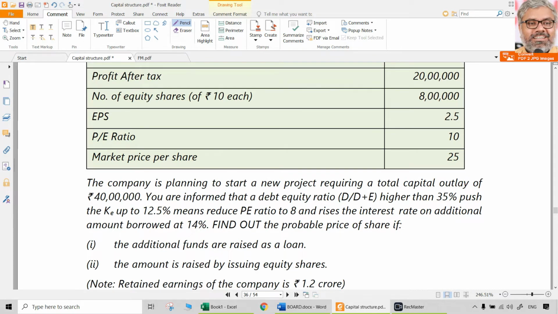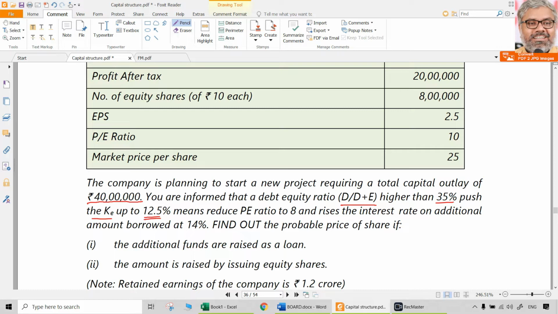Now the company is planning to start a new project requiring a total capital outlay of 40 lakhs. You are informed that a debt equity ratio is clearly given. Debt equity ratio normally means debt by equity, but here it is debt by debt plus equity. If that is higher than 35%, it will push the KE up to 12.5%. Naturally, if KE is 12.5%, what will be the PE ratio? It need not be given also.